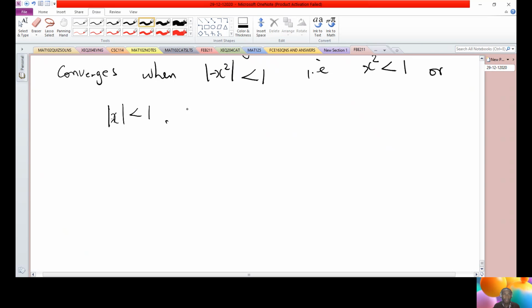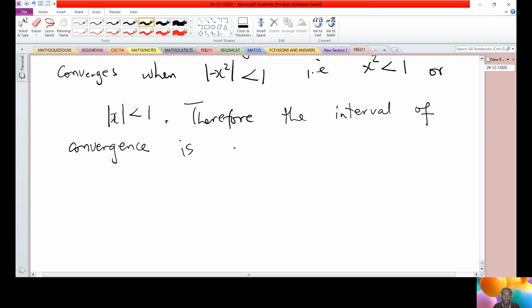So therefore the interval of convergence is -1 to 1.